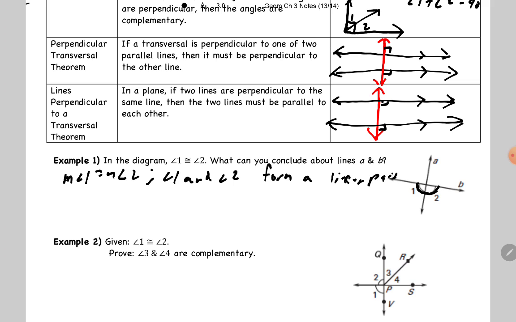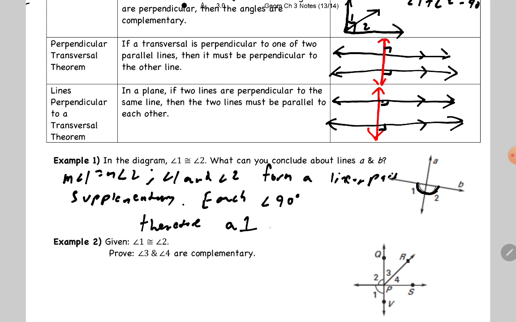And a straight line is 180. So they are supplementary. That means each angle is 90. Therefore, A is perpendicular to B.